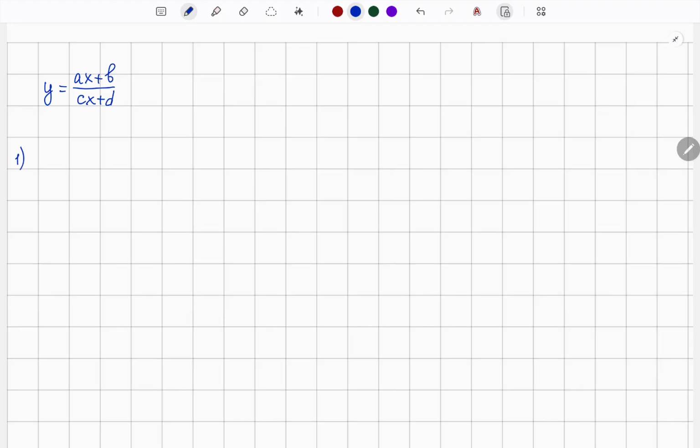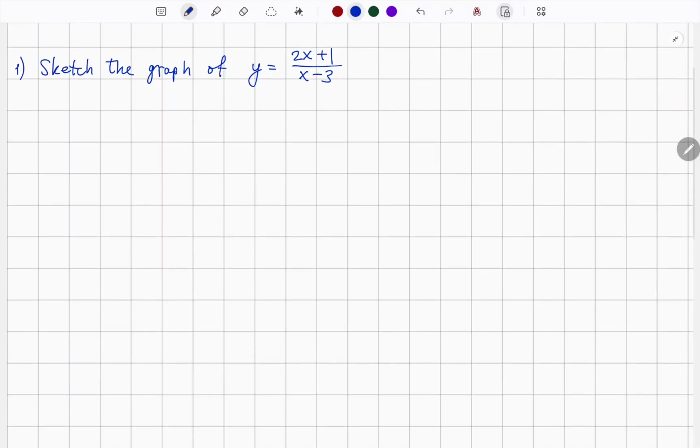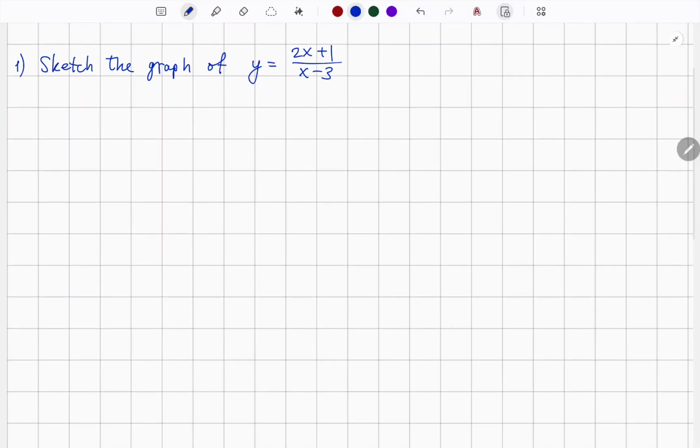So the first thing, as I promised, is sketching the graph. Sketch the graph of, let's give a particular example, y equals 2x plus 1 divided by x minus 3. To sketch the graph of this function, we have to answer 3 simple questions.